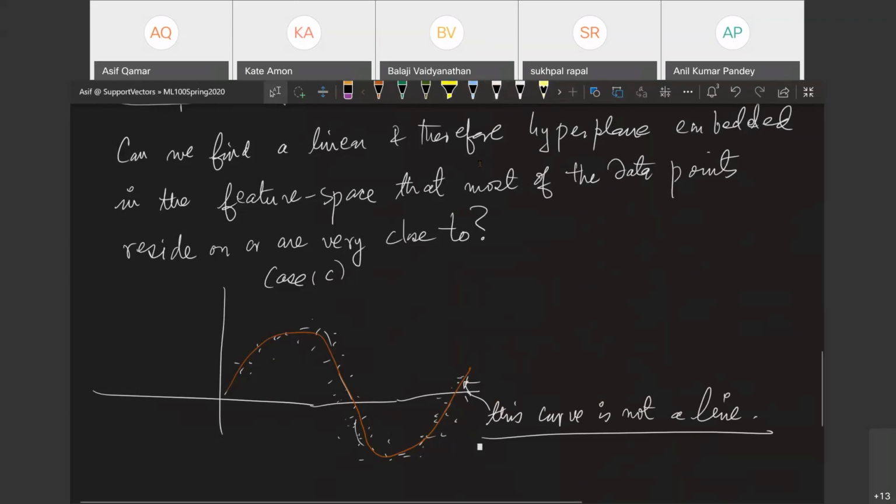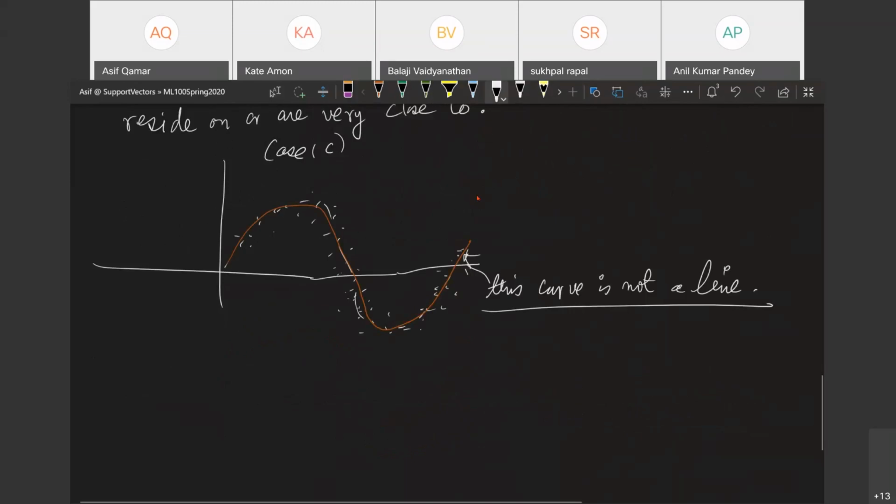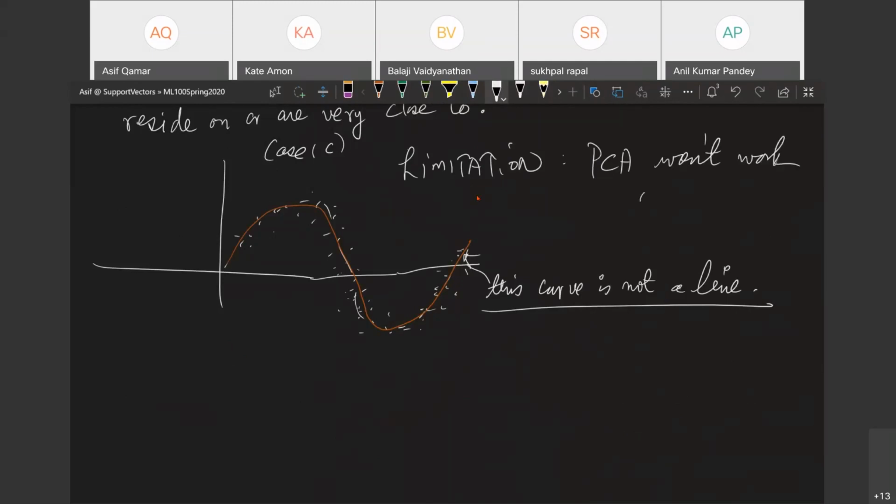This is the limitation of that. Let me mark it here in the notes. Limitation: PCA won't work well here. So now we know the limitations and we know where it does and does not work.